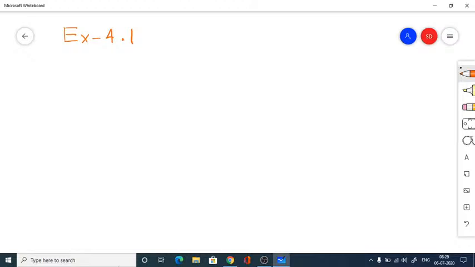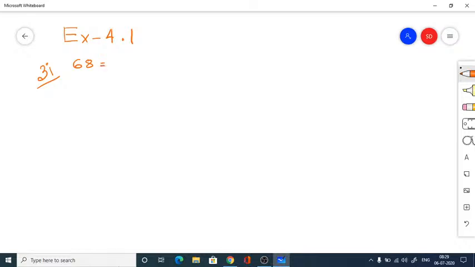We will start with question number 3. Write all the factors of the following natural numbers. Question number 3, subpart 1. Let's try subpart 1. So 68.